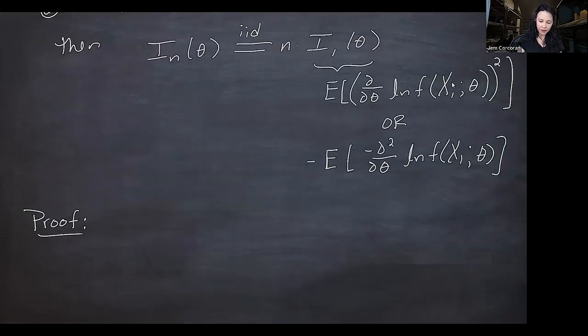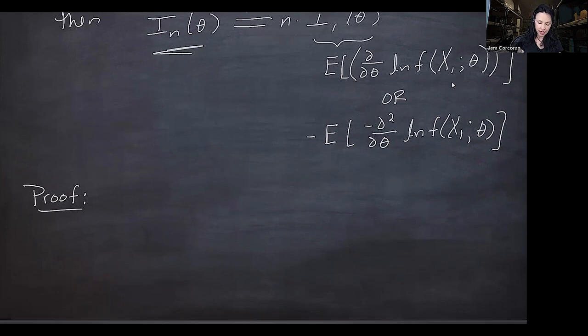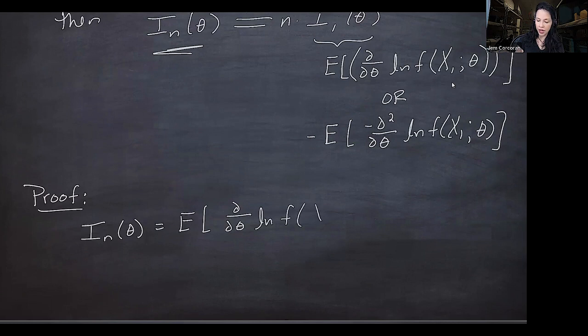Okay, I'm going to start with the n-dimensional Fisher information. I'm going to start with this left-hand side and see if we can get to the right-hand side. And I don't know if it's going to be easier. I'm going to use the first original representation of Fisher information. So the expected value of the derivative with respect to theta of the log of the joint PDF, and all of that inside the expectation gets squared.